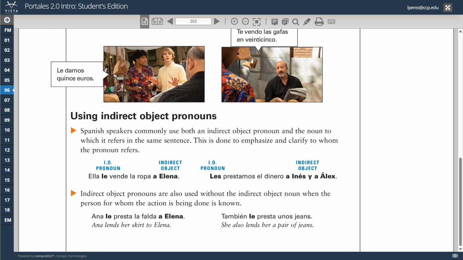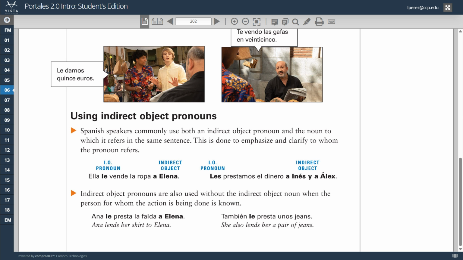Ana le presta la falda a Elena. Ana is my subject. Presta is my verb. Ana presta. What does she lend? La falda. Okay, great. That's my direct object. To who? And I know I keep saying to who and it's to whom. Forgive my poor English. So, to whom? A Elena. So, therefore, I need le. Ana le presta la falda.